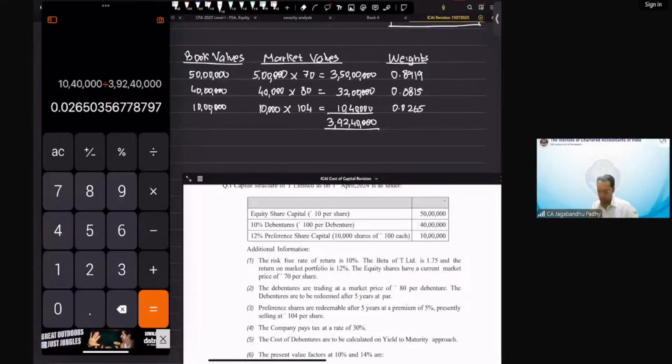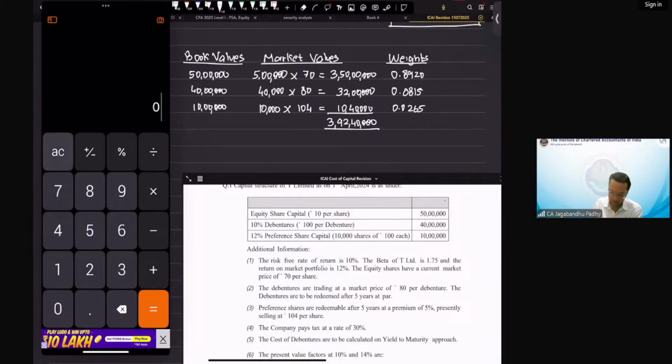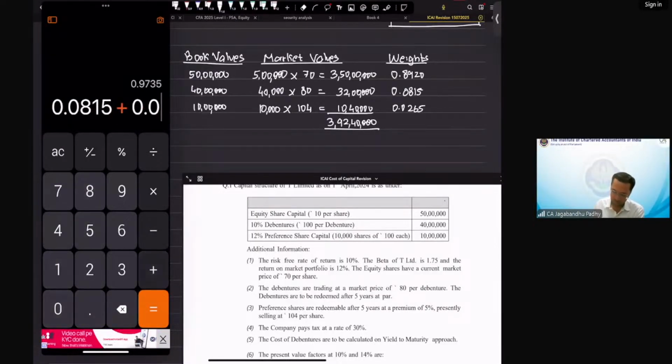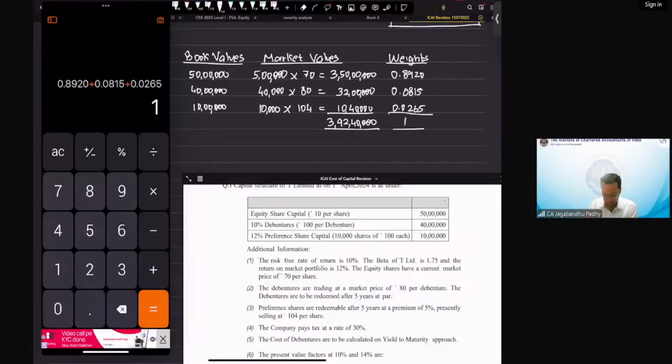And these are the weightages that we have now. Of course, make it equal, so let me take the weightage as 0.8920 plus 0.0815 plus 0.0265, which comes out to be a total of 1.